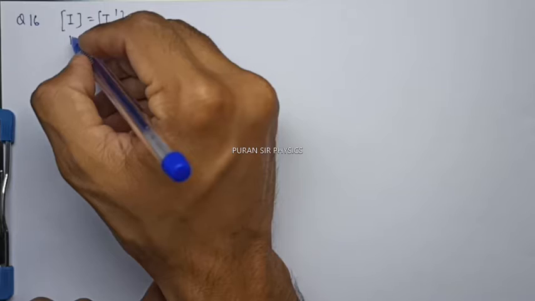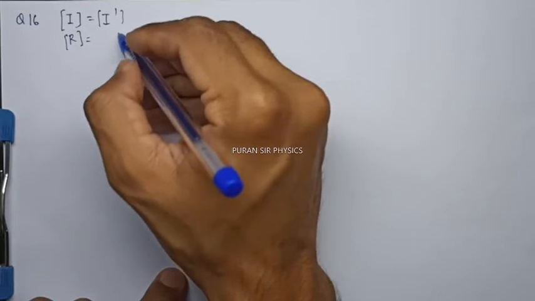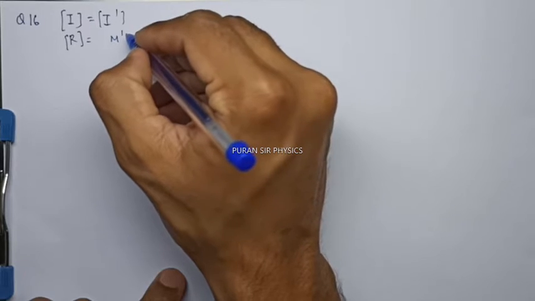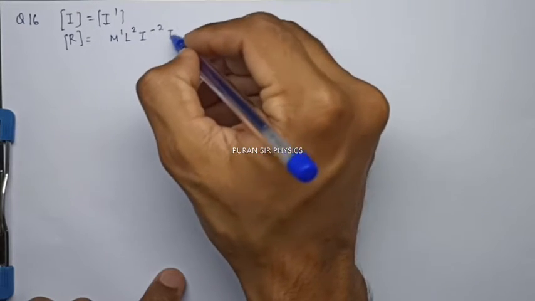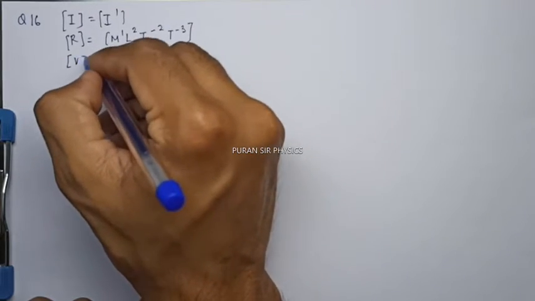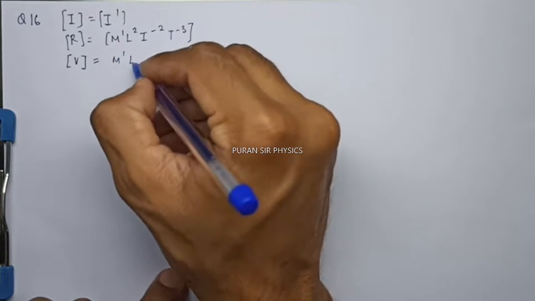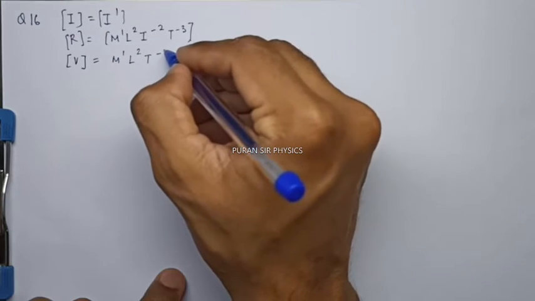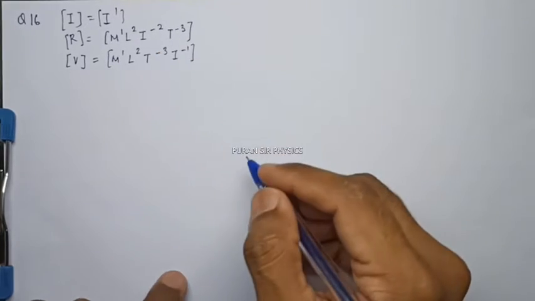The dimension of R is given as M raised to power 1, L raised to power 2, I raised to power minus 2, T raised to power minus 3. And the dimension of V is given as M raised to power 1, L raised to power 2, T raised to power minus 3, I raised to power minus 1.